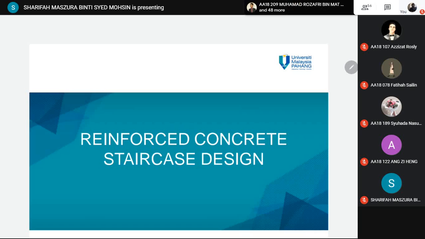But for the project, staircase is a group calculation, whereas for the column it is an individual calculation. That's why I covered the column topic first, so that you have more time to do your calculation for your project. For staircase, you can design it as a group, and the staircase design is simple compared to column calculation.